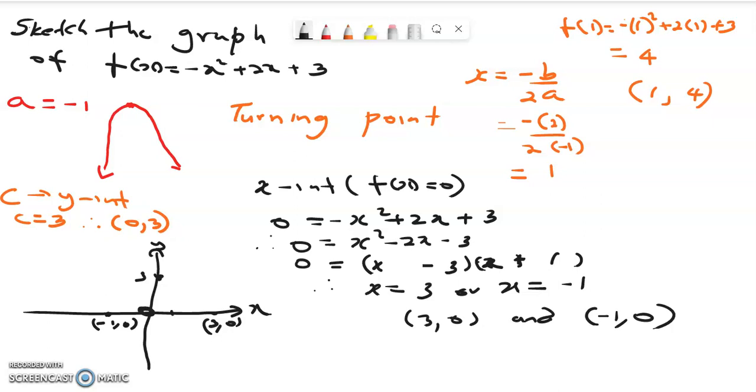So the turning point at 1 and 4 should be about here, and of course it is a maximum turning point.